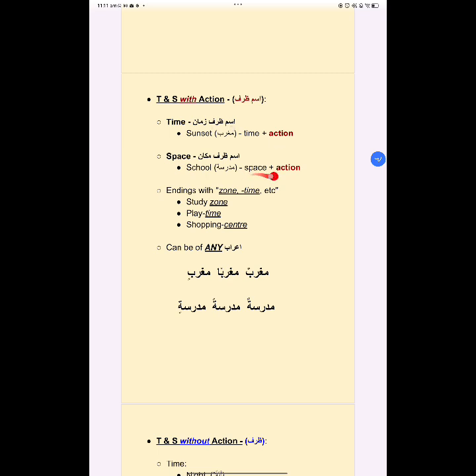Similarly, space plus action, for example, the word school, is going to be ism zarf makan. For example, the word school in Arabic you call a madrasa, and madrasa is the place where the act of dars giving and dars taking keeps on happening continuously. Dars means a lesson.